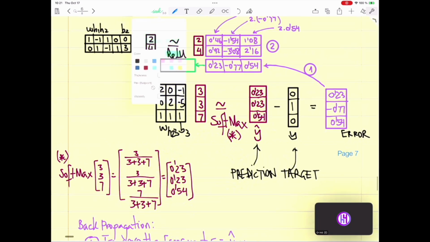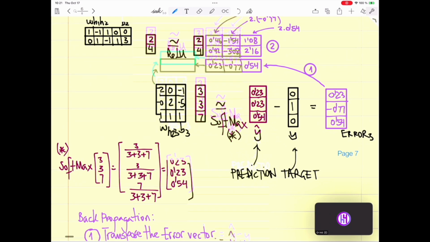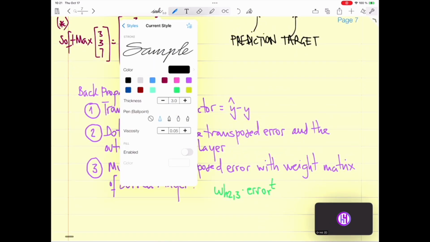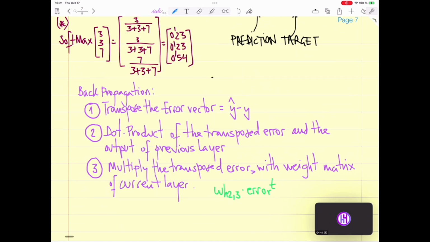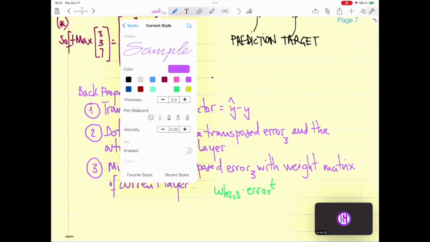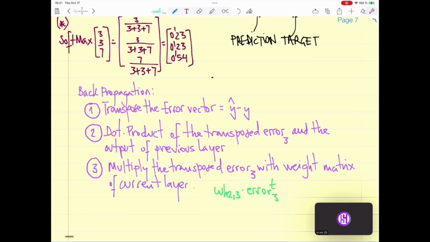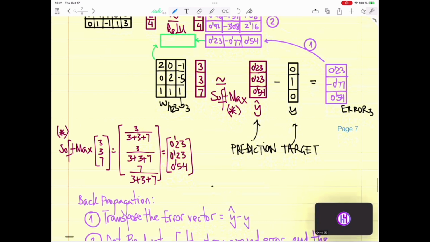In reality, this could be called error of matrix number 3. In fact, we should call it like that, error 3. Okay? And this is not a dot product, this is a normal multiplication.